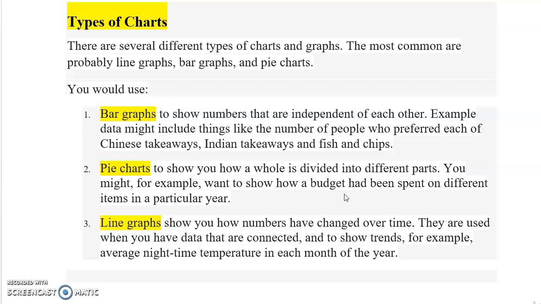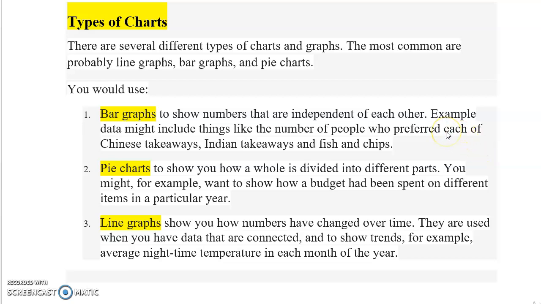Of course we can do that, but in most cases we use the charts or the visual aids just to ease the presentation of numbers and statistics. This is the idea. So the bar chart is used to show numbers that are independent of each other. Example data might include the number of people who preferred each of the Chinese takeaways, Indian fish, and so on.